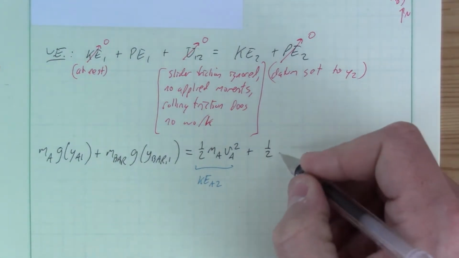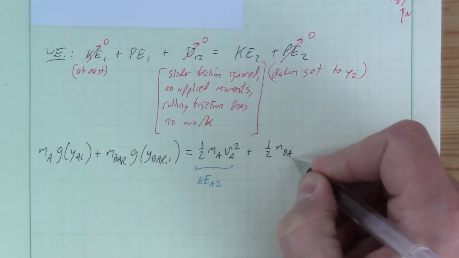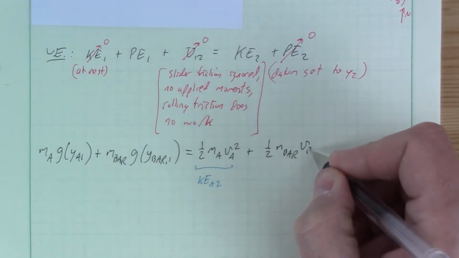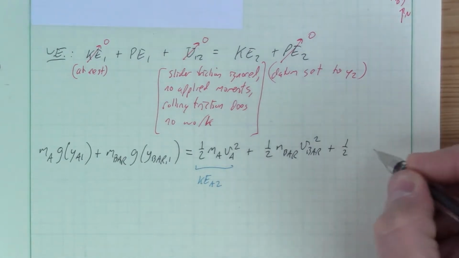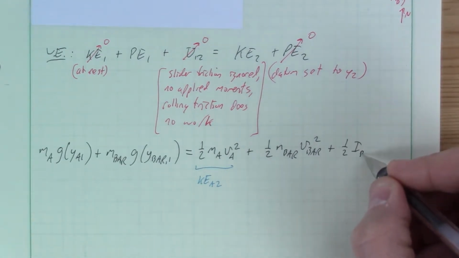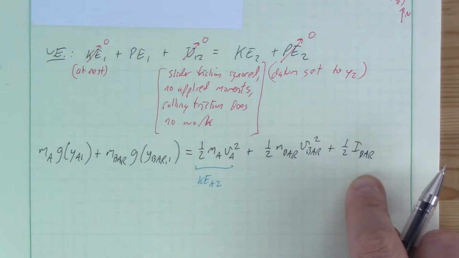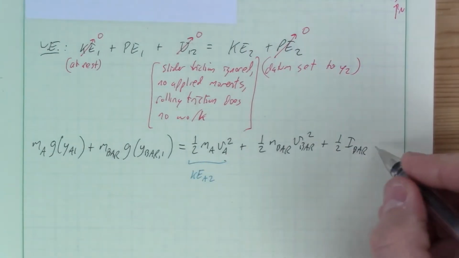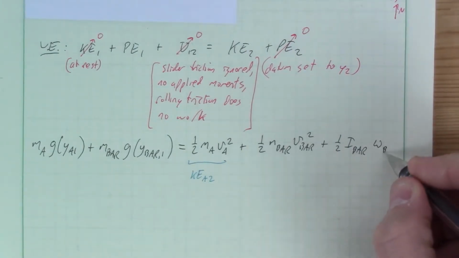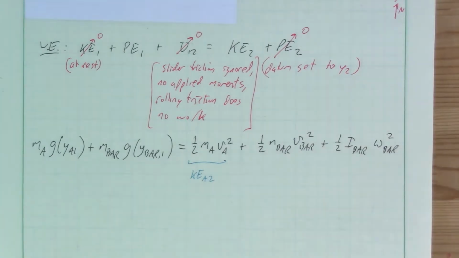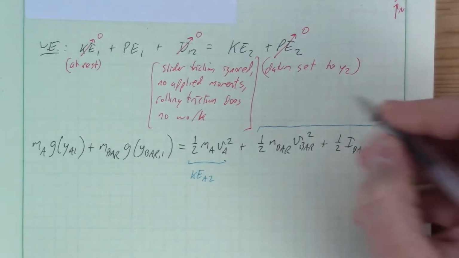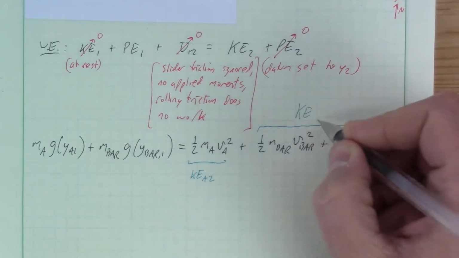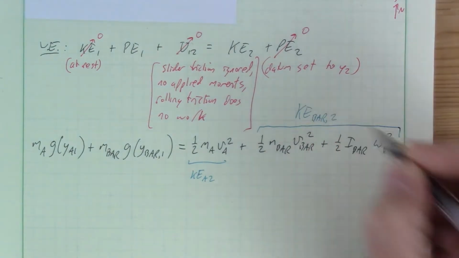Translational kinetic energy, that would be 1/2 mass of bar times its speed squared, plus rotational, which is the moment of inertia about its center of mass times omega for the bar squared.